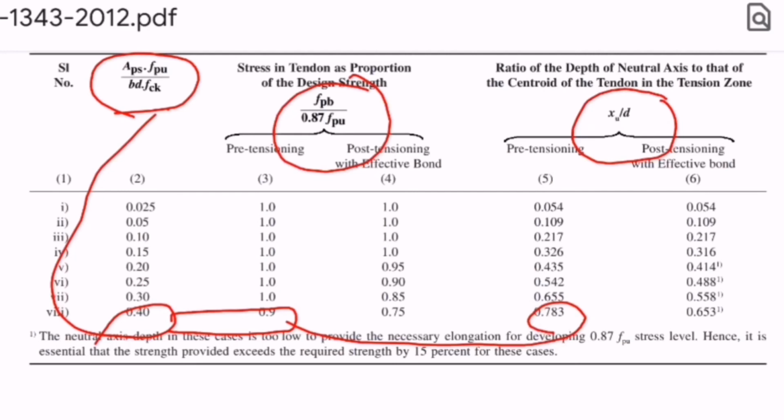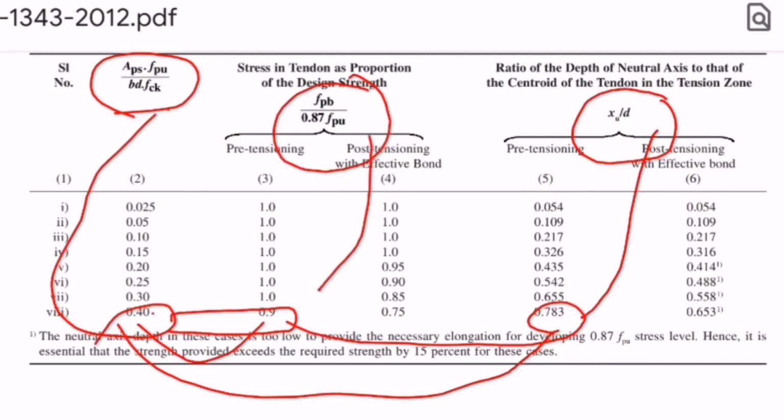For 0.4 we have 0.9 here, and for 0.4 we have 0.783 here. So Xu by d is equal to 0.783 and FPB by 0.87 FPU is equal to 0.9. Taking these values, we are calculating FPB and Xu.